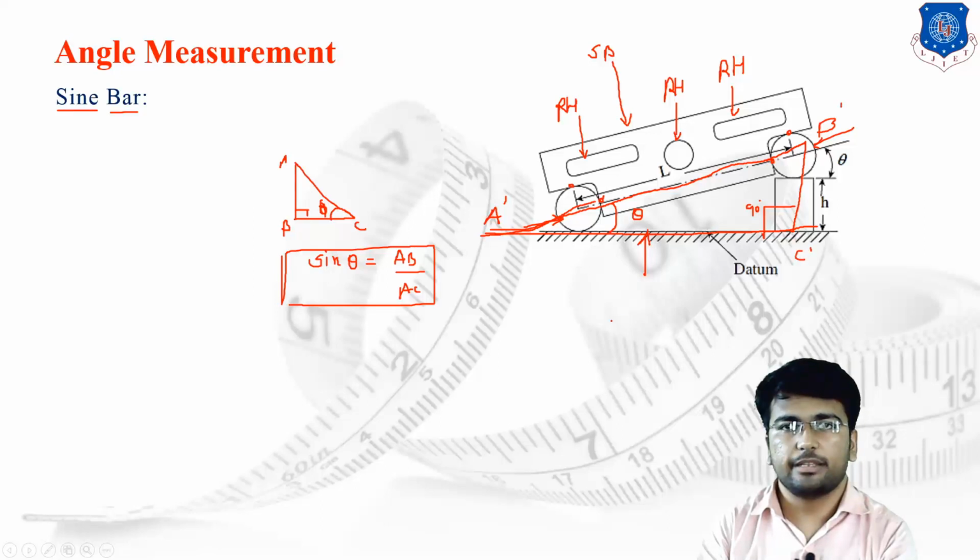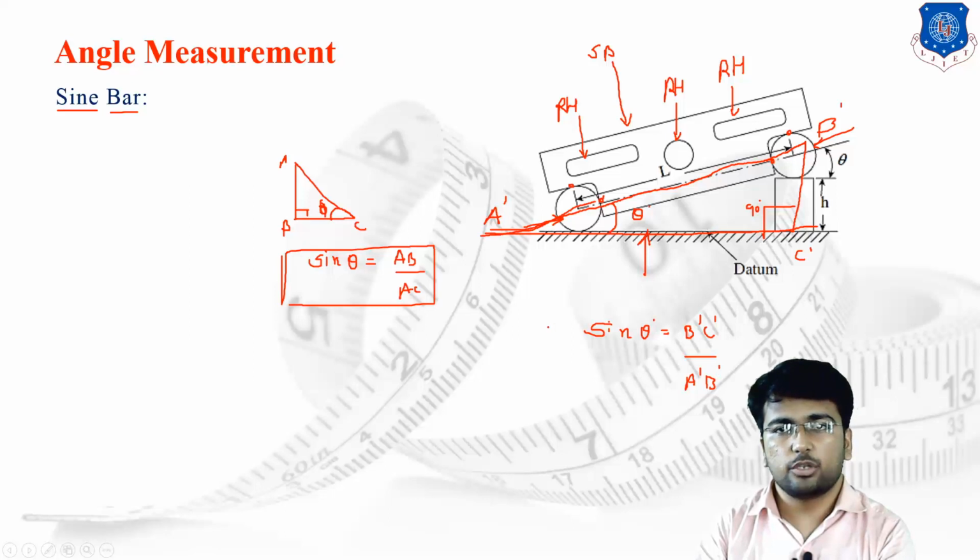To find the angle, I will use the concept sine theta dash, that is equal to B dash C dash upon A dash B dash. So this is known as the sine principle for the measurement of the angle.